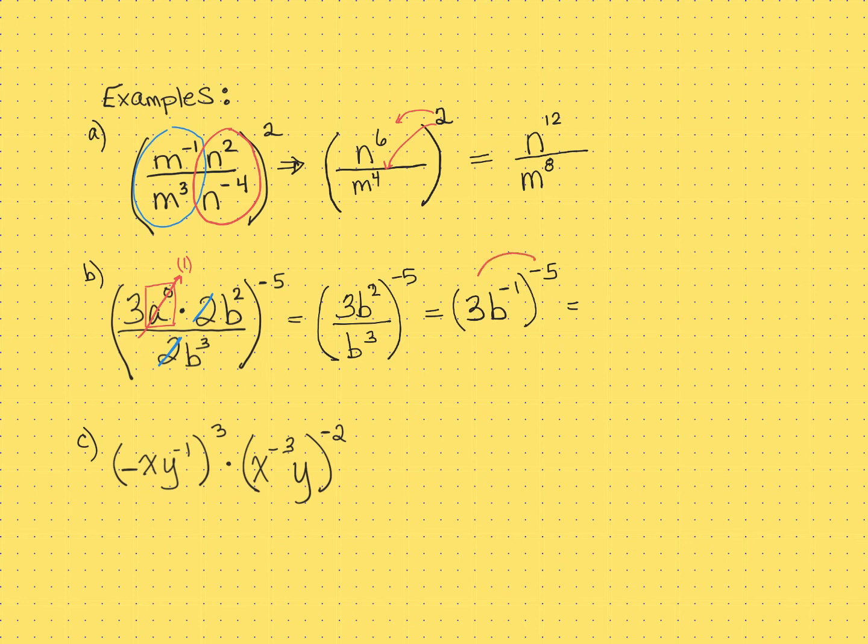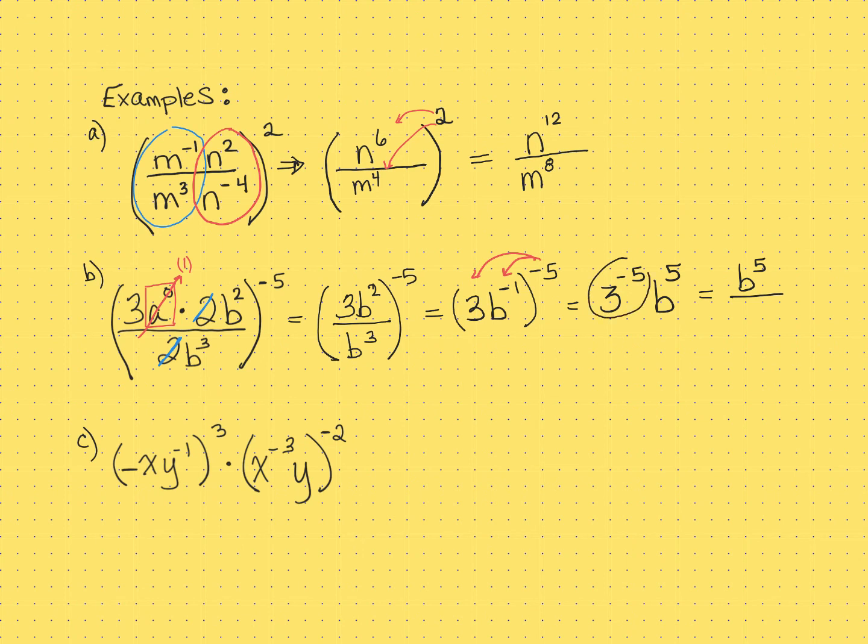So now I'm going to raise each piece of this. This is our rule when you have a product raised to a power. And we're going to get 3 to the negative 5th and b to the positive 5, or b to the 5th.